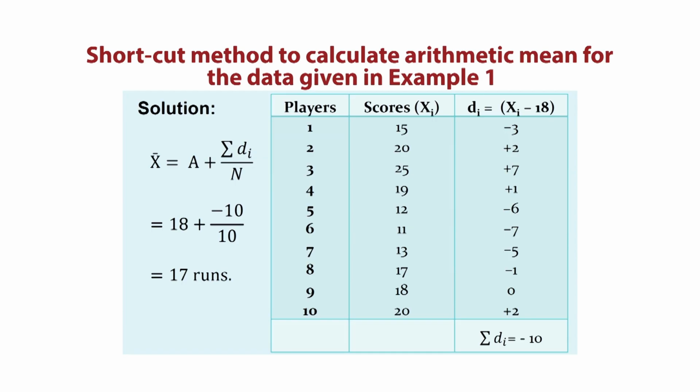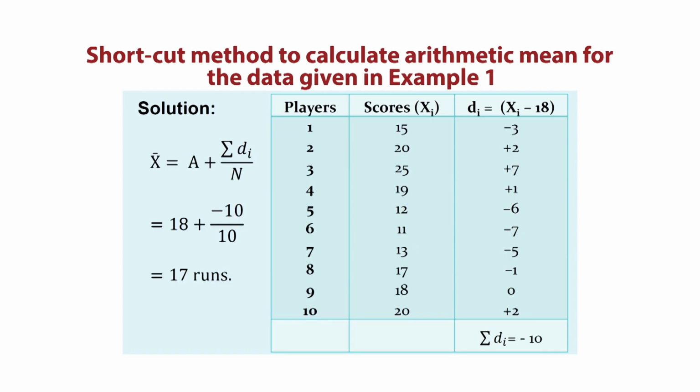Now we use the formula for the shortcut method and put in the values of capital A, summation di and capital N. Then again we see that the result is 17 runs.